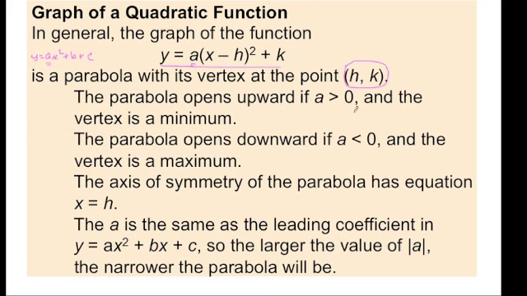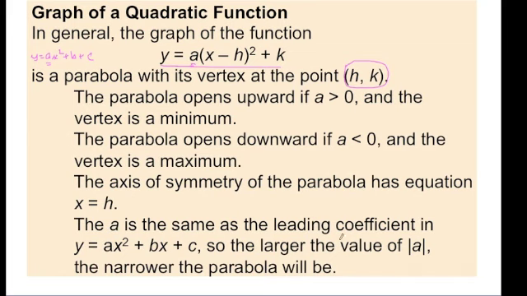The parabola opens upward if a is greater than 0, positive, and the vertex is a minimum. It opens downward if a is less than 0 or negative, and the vertex is a maximum. The axis of symmetry is x equals h, which again is the x value, or the negative b over 2a.